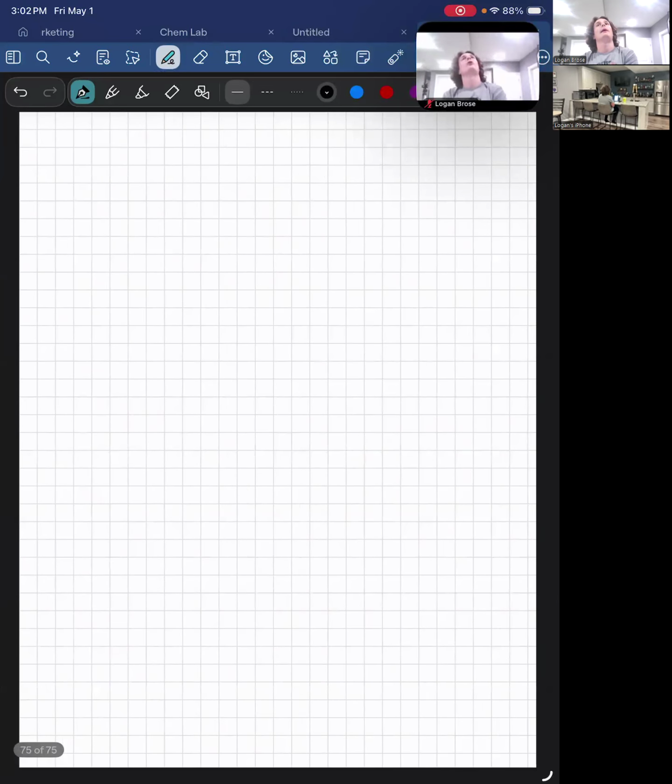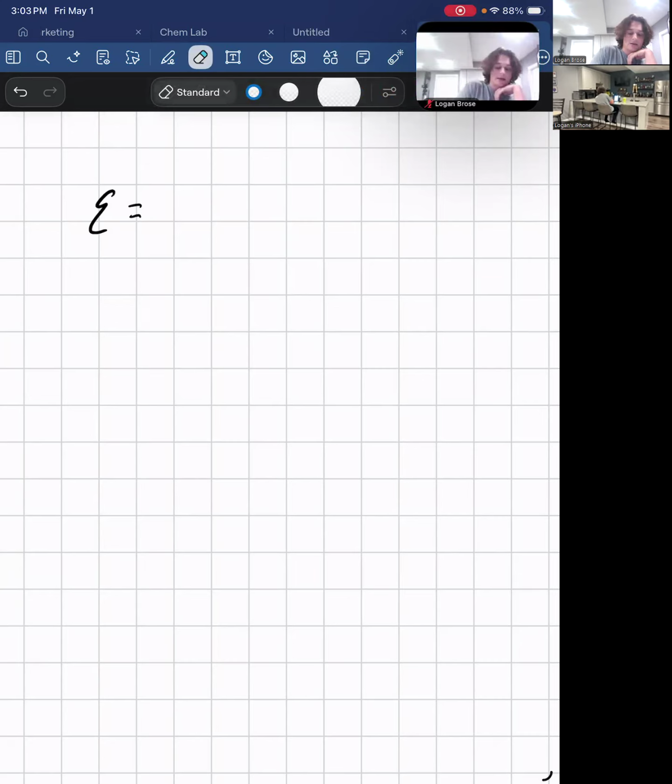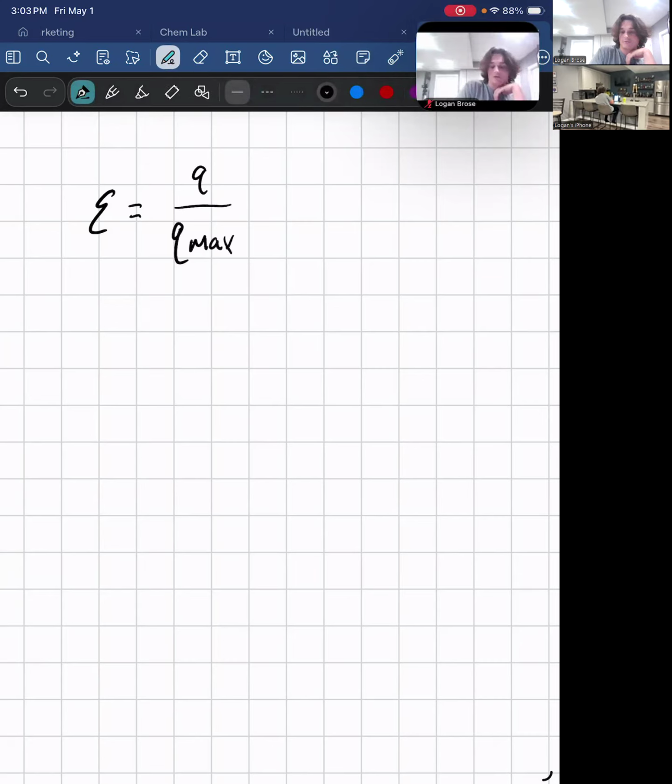Next, what we'll talk about is how effective a heat exchanger is. So the effectiveness of a heat exchanger is determined by the heat transfer versus the maximum amount of heat transfer. And this can vary based on the speeds of your flow.